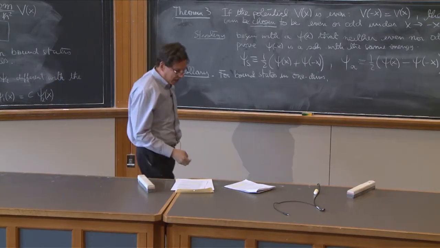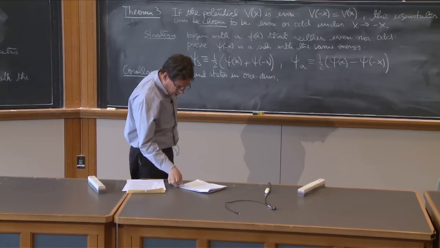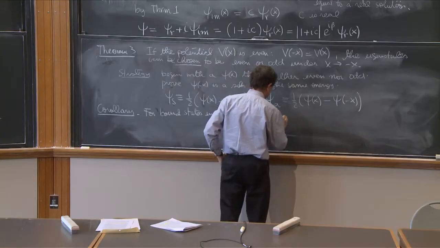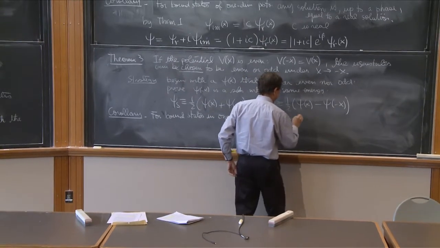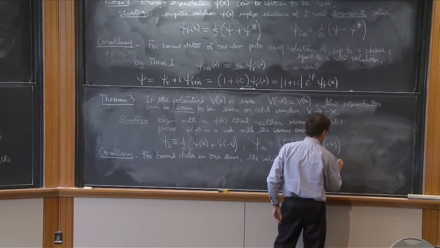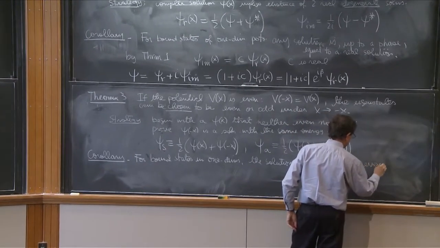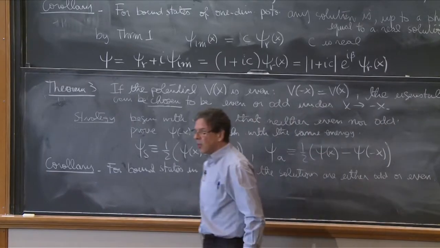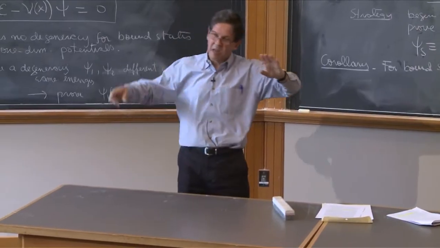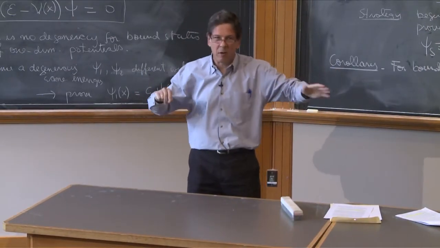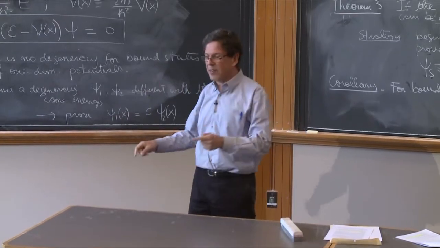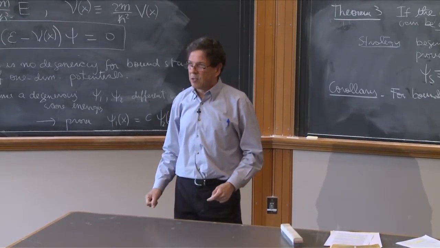The solutions are either odd or even. So it's a lot stronger. It's not anymore you can choose them to be, but a general one is neither odd nor even. No, you try to find a solution that is neither odd nor even, and you can't find it. So it's very strong. Yes?